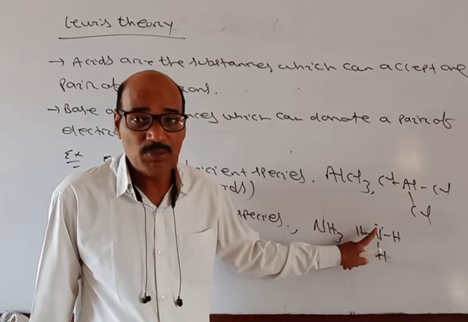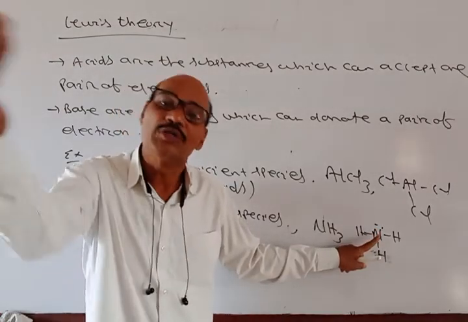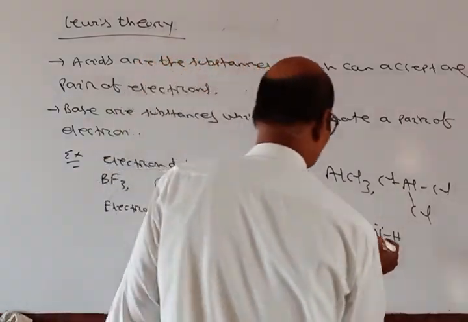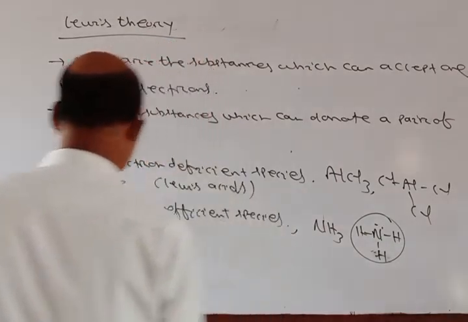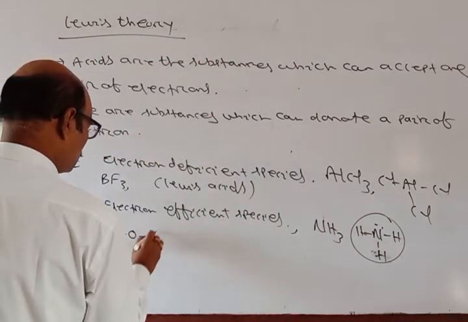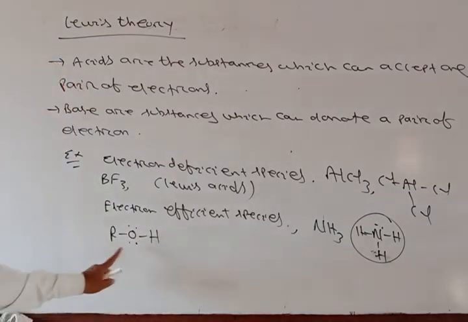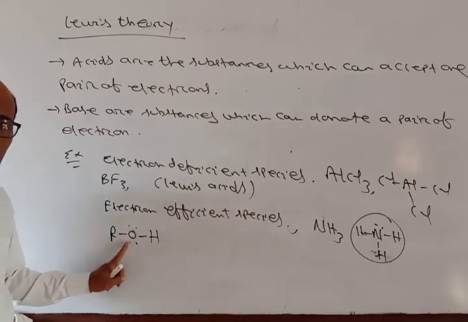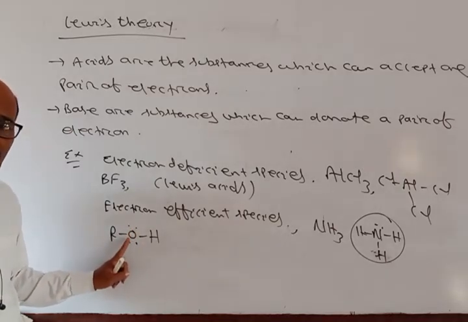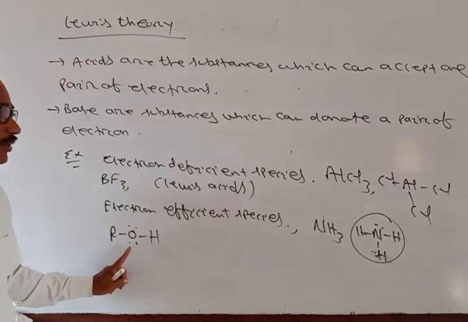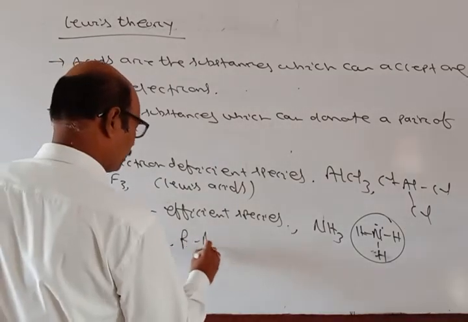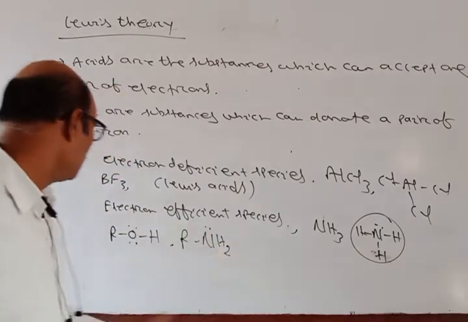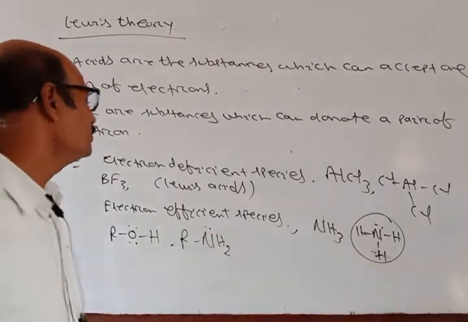So this nitrogen atom can donate this lone pair of electrons. So it's a Lewis base. Similarly, in this oxygen atom we have a lone pair of electrons, and this electron pair it can donate. So it's a Lewis base. So ammonia, alcohol, amines are the Lewis bases.